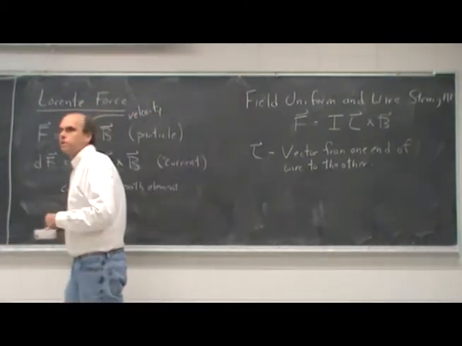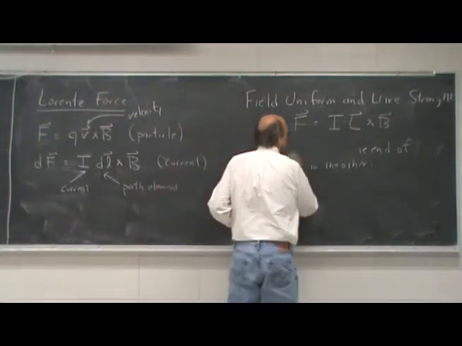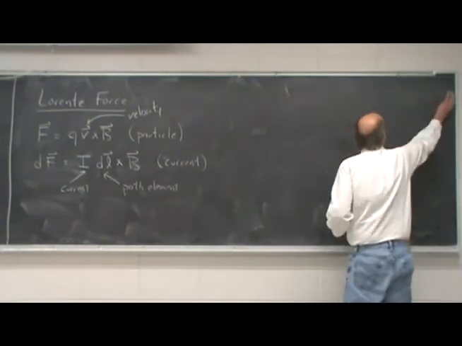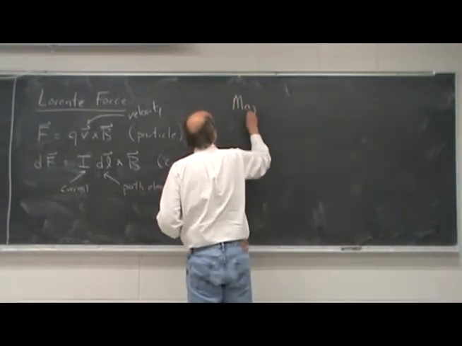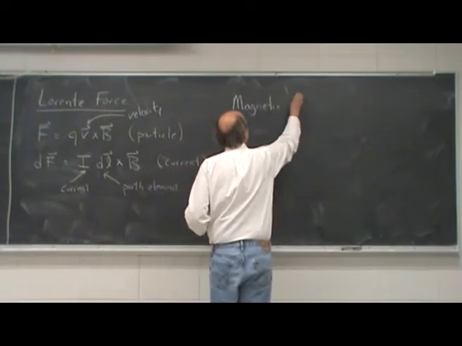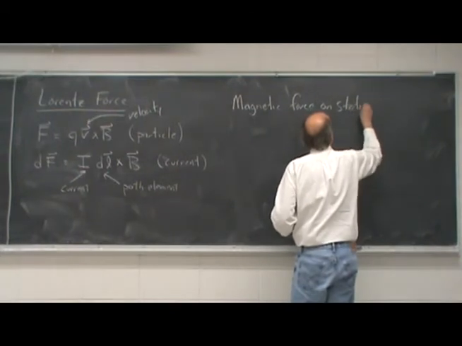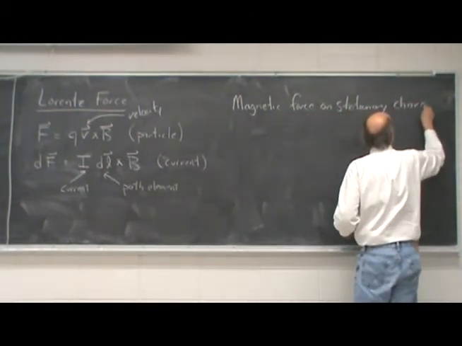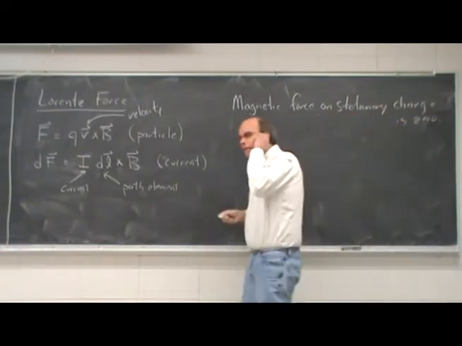We leave these up. There's a couple of properties of magnetic force. First, the magnetic force on a stationary charge is 0. This lets me write great exam questions, right?